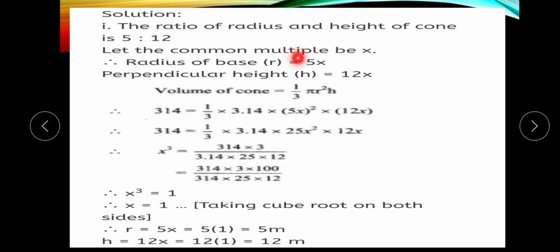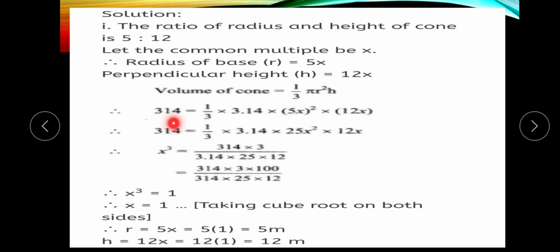Let the common multiple be x. Therefore the radius of the base will be 5x and the perpendicular height will be 12x. We'll be writing the formula, volume of the cone 1/3 pi r square h. The volume of the cone is already provided, we will be substituting the values.